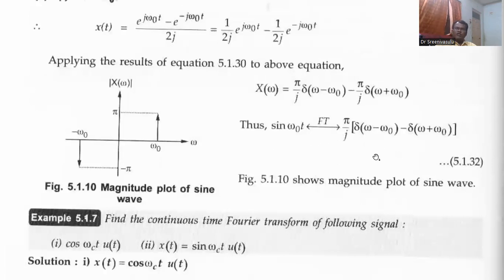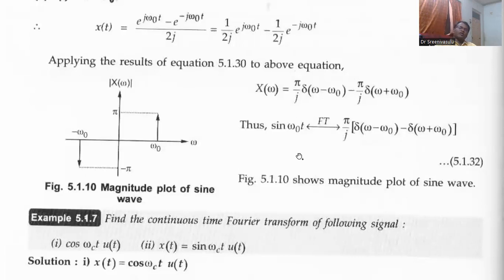Now, if you want to draw this spectrum, at omega equal to omega naught you will get a value. If you want to draw the magnitude spectrum, this pi by j, if you multiply numerator and denominator by j, in the numerator we get pi j, and in the denominator we get j square, which is minus 1. So we get minus j pi. Whenever you want to calculate the magnitude, it is the root of real square plus imaginary square.